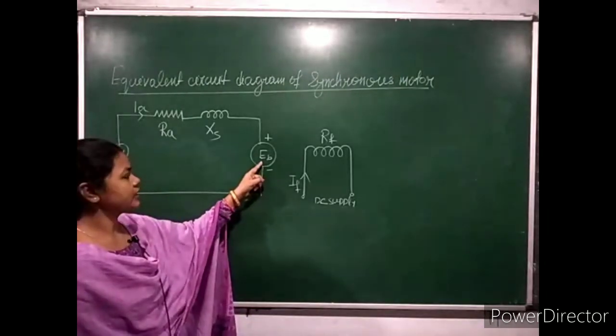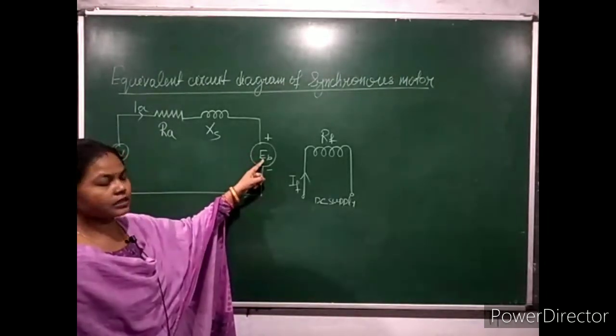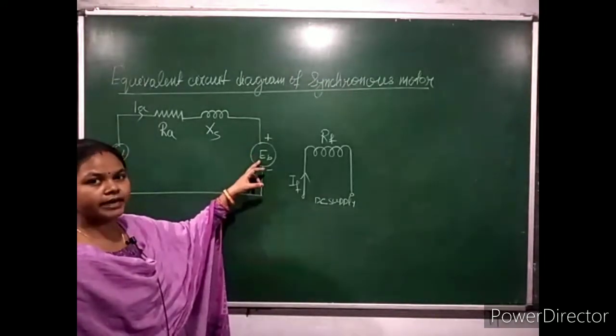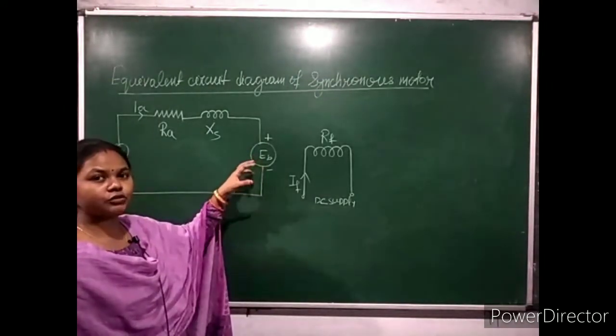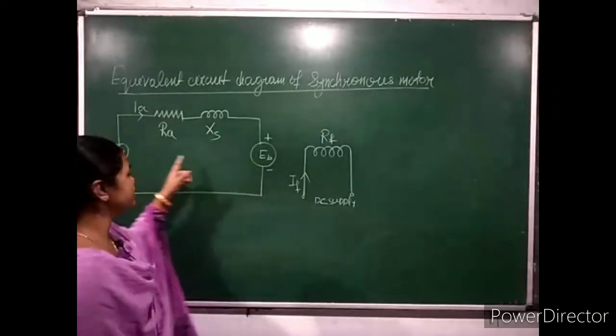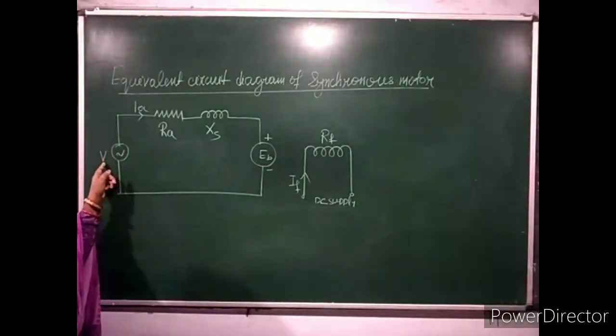Here students, this generated EMF in case of a synchronous motor is called the back EMF. It is due to the revolving field of the rotor and it opposes the applied voltage.